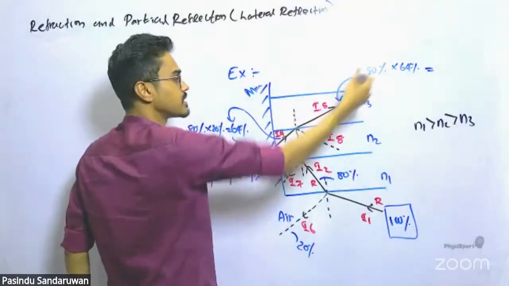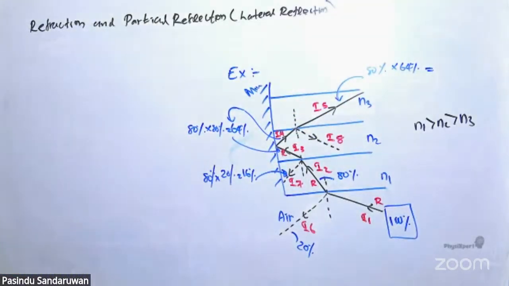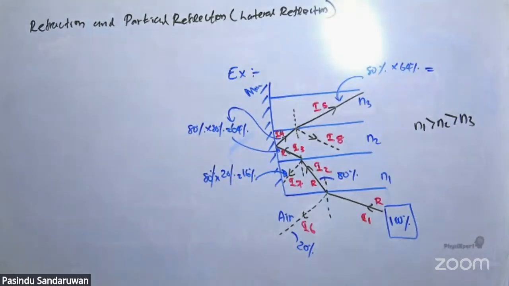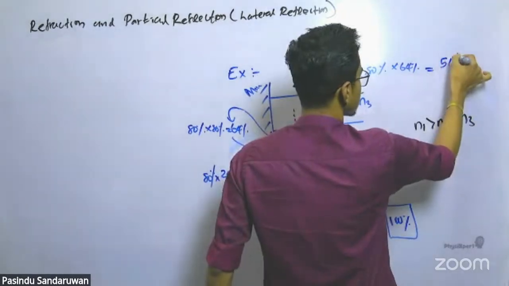Then what's the value? 80 times 64 means 51%. So this becomes 51%.